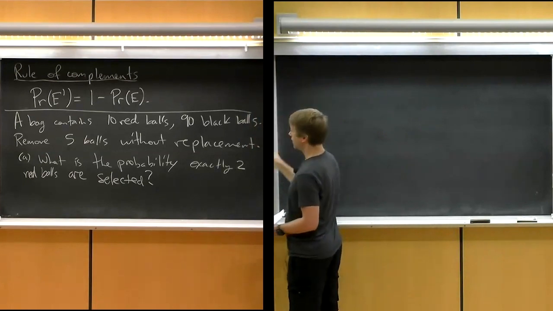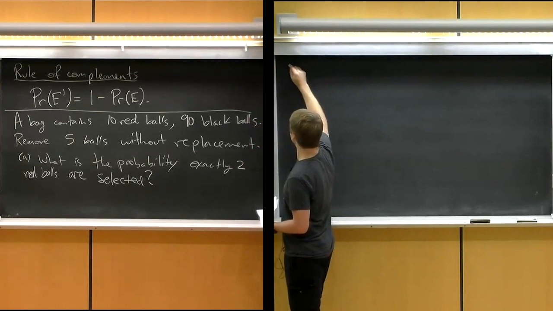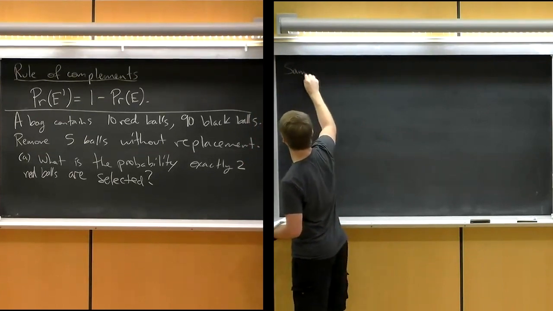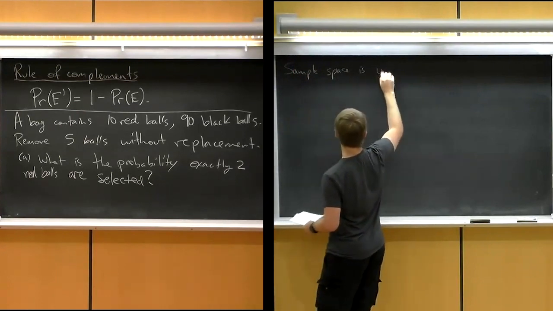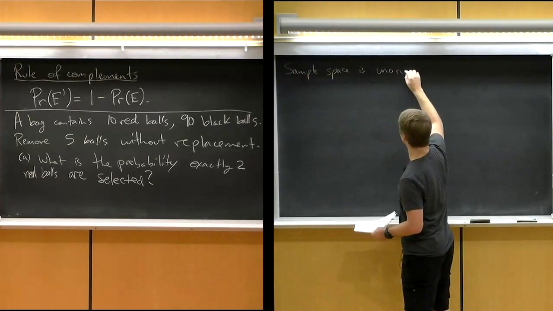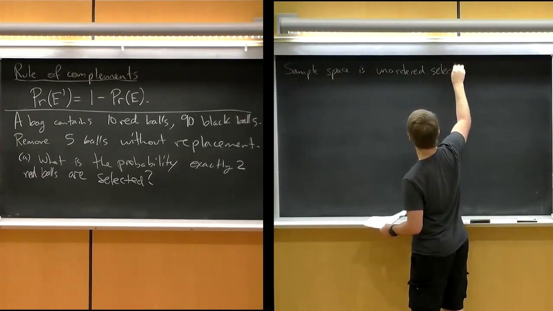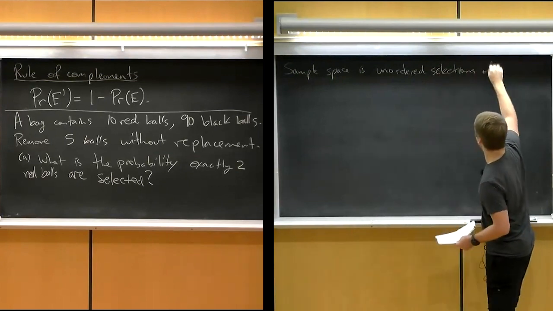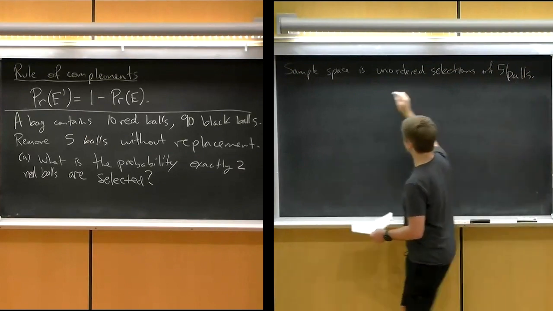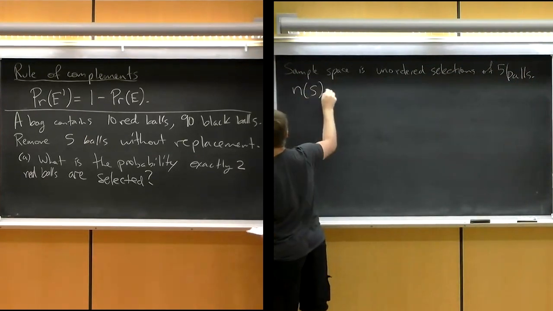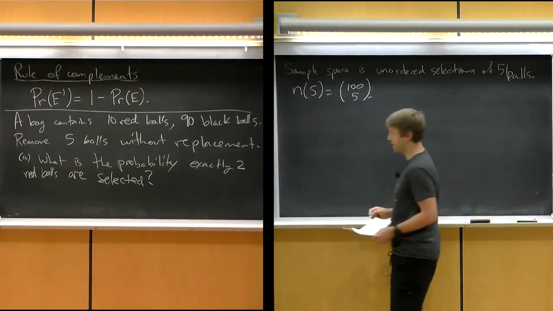So I want to think of my sample space as the set of all unordered selections of 5 balls. So the size of the sample space is 100 choose 5.